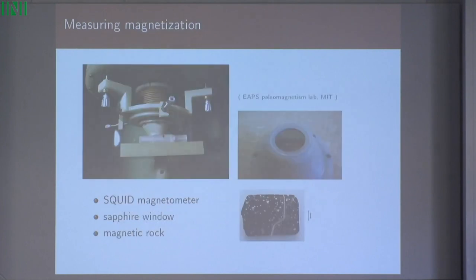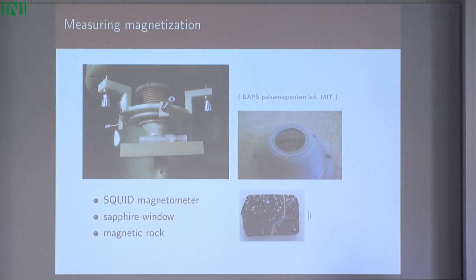So this is the experimental setup for measuring the magnetic field produced by such magnetic rocks. Here you can see the slice of the rock. Suppose we're lucky to find a good rock which was magnetized from ancient times, so it has some information of the magnetic field on Earth of that time.